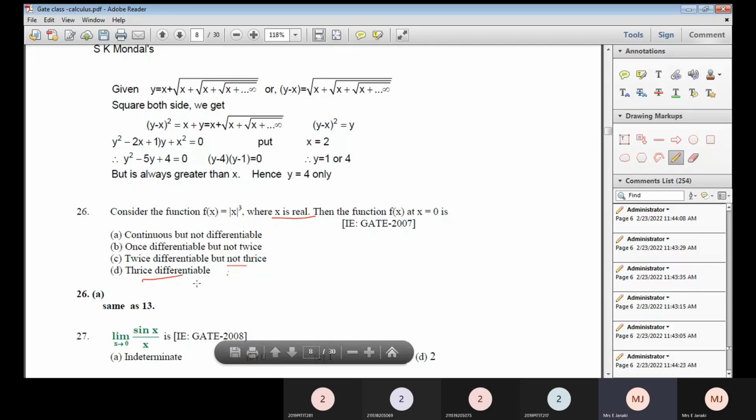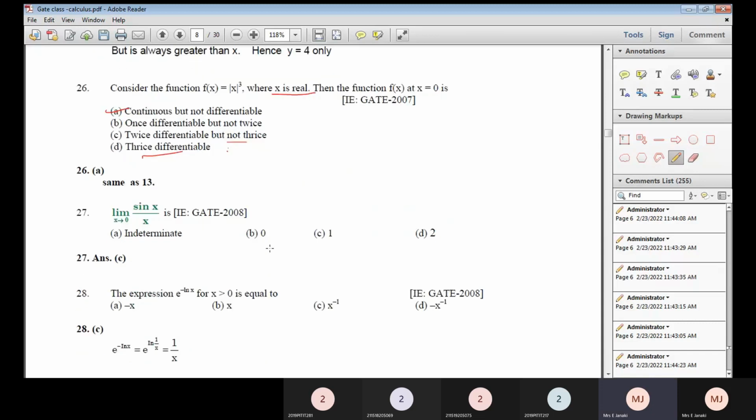The answer is A. This is continuous. So clearly, whenever the function is in the modulus form, it must be continuous and not differentiable.